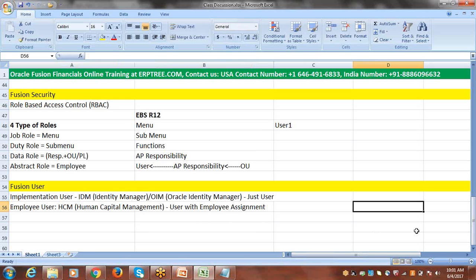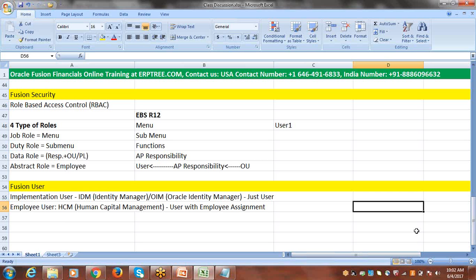In EBS, when you create a user from the System Administrator responsibility, for any user you can assign the employee. But in Fusion, if you create the user from IDM, you cannot assign an employee to that user. You can map the employee with the user only if that user is created from the HCM application.